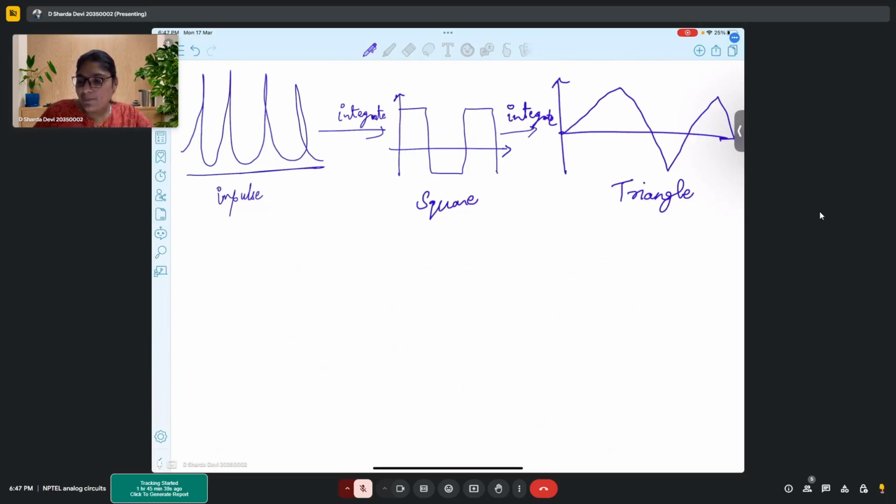If I ask you to write a square wave in Fourier form, how would it look? Yes, Fourier series of a square wave.